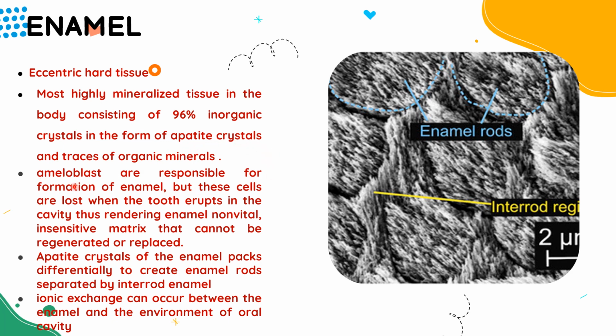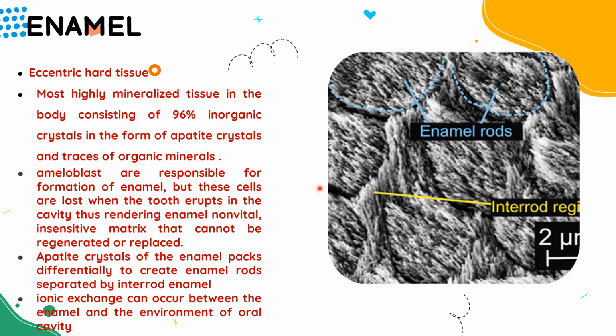They are responsible for the formation of enamel, and when the tooth erupts in the oral cavity, they are lost, thus leaving behind a non-vital, insensitive enamel that cannot be regenerated or replaced.